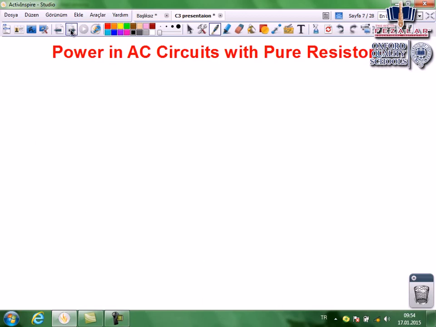Then we said current cannot be affected by its maximum value always. Why? Because current varies. When we say dissipated power equals average power, actually they are not the same. I DC squared R is the dissipated power because it is constant, and it equals the average power, which is maximum power over 2.